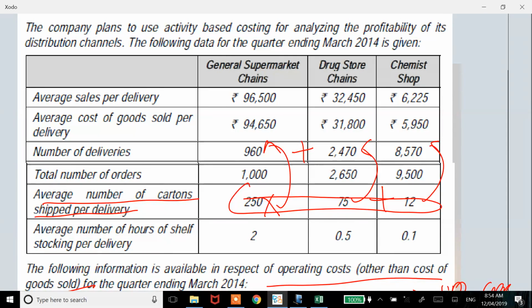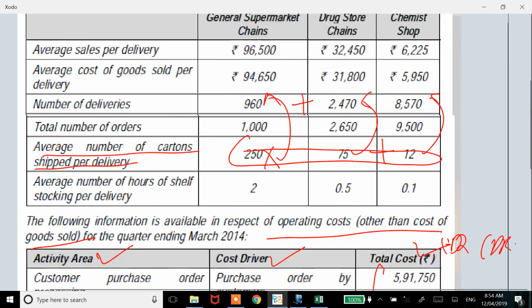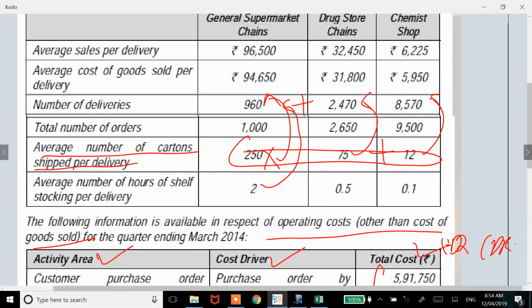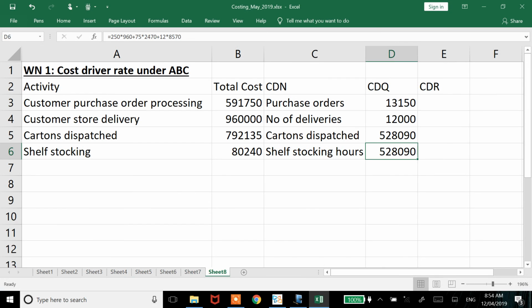Same thing will work with shelf stocking hours. You cannot be adding them directly. Number of hours of shelf stocking per delivery. So it is going to be 2 into 960 plus 0.5 into 2470 plus 0.1 into 8570.